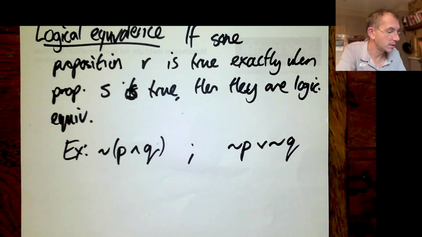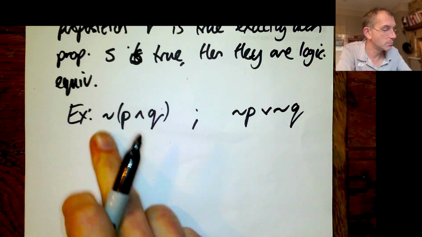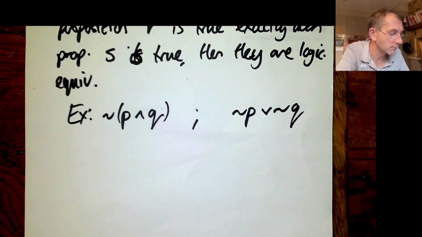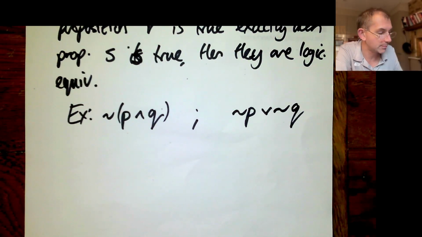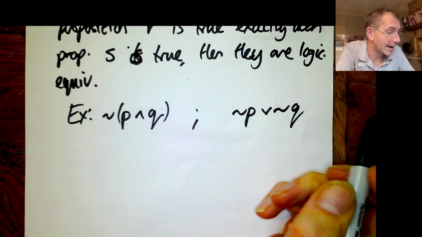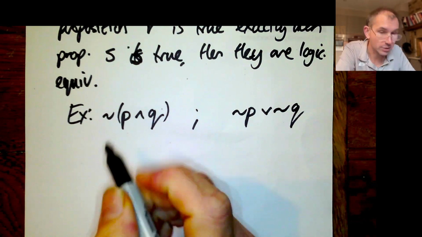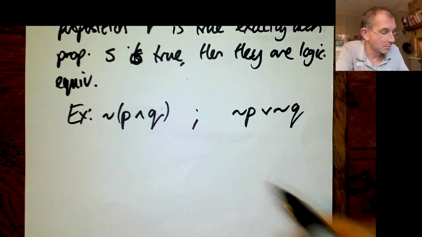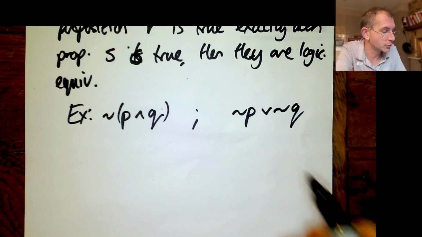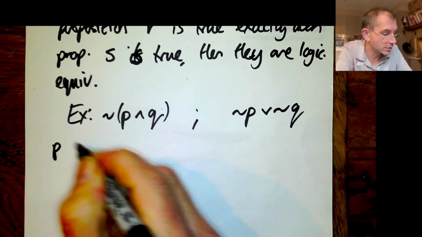This is, I think, basically De Morgan's law. If you remember that from the table of Boolean algebra, you will find essentially this same statement. But let's not worry about it. Let's just draw out the two truth tables.